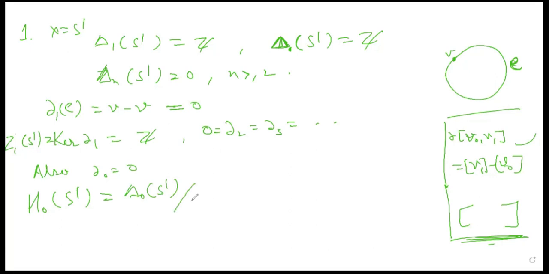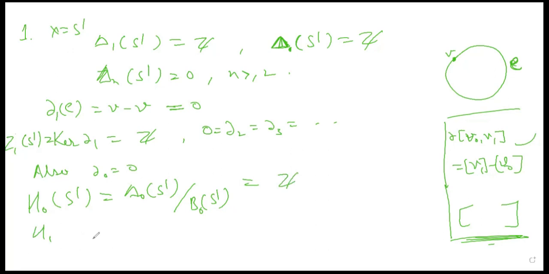But the boundary map takes everything to 0, right? So delta 1 S1 is generated by this E, and E goes to 0 by this boundary map. It means that the whole thing goes to 0. So this image is 0, trivial, and this is Z, so this is basically Z.